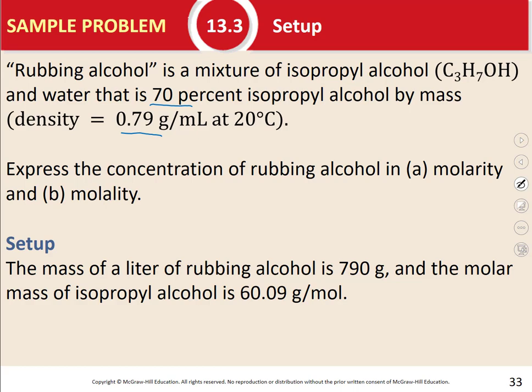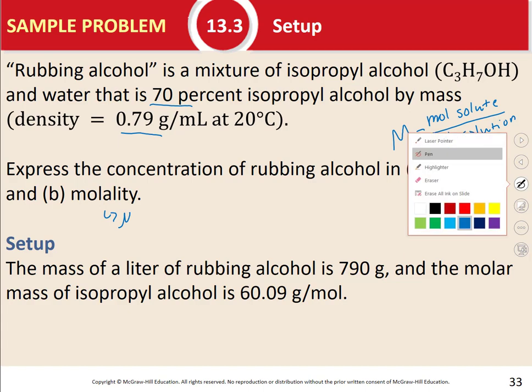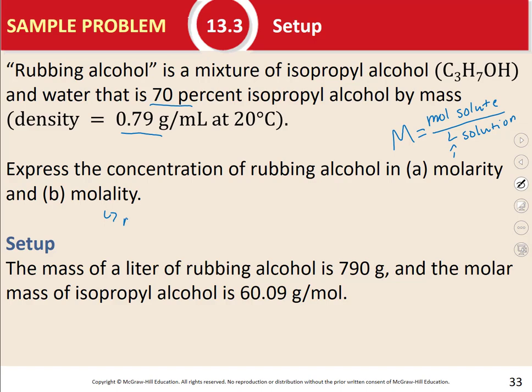Molarity and molality. So remember, molarity is moles of solute divided by liters of solution, and that is big M. While molality, that's a lowercase, kind of curvy m, is still moles of solute on the top, but on the bottom it's now kilograms of just the solvent.